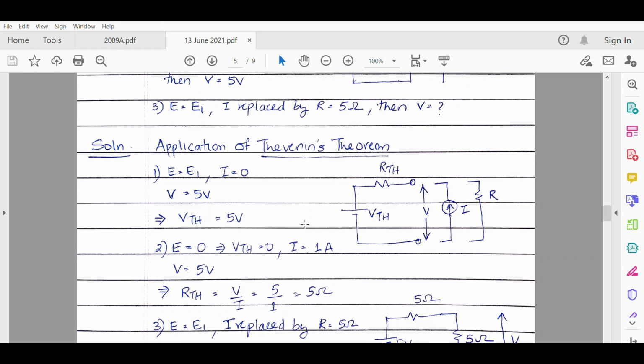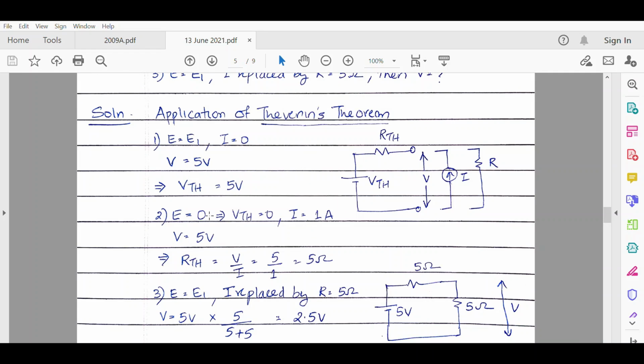Now the second case is when E is equal to 0, that means that the Thevenin voltage is equal to 0 and the current is equal to 1 ampere, the voltage is 5 volts. Now such a situation would arise in case we are determining the Thevenin equivalent resistance, since the only energy source has been set to 0.